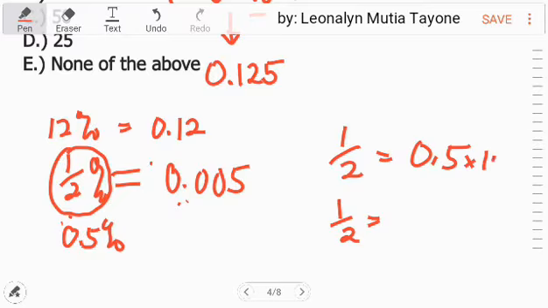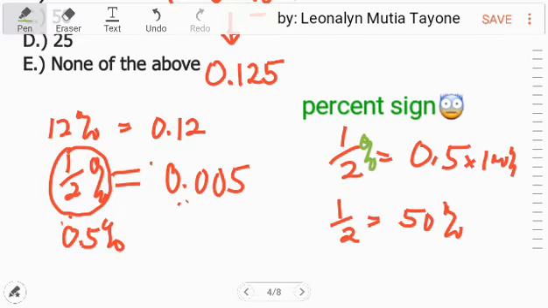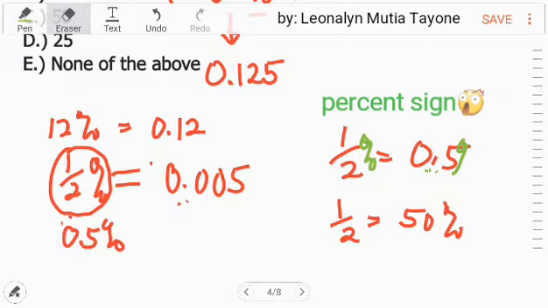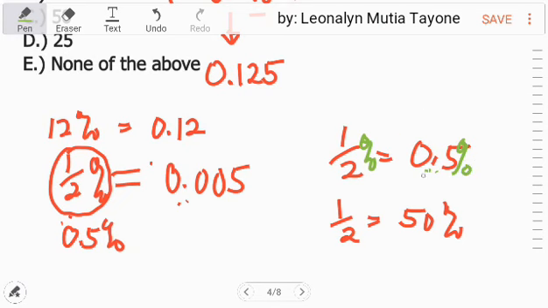Kasi itong 0.5, i-multiply mo ng 100%, kaya 50%. Pero kung ang 1/2 meron siyang percentage, itong 0.5 meron po yung percentage din. So 1/2% is equivalent to 0.5%.